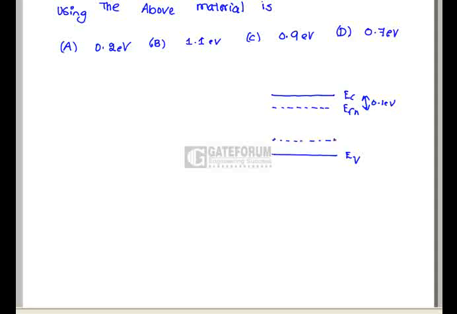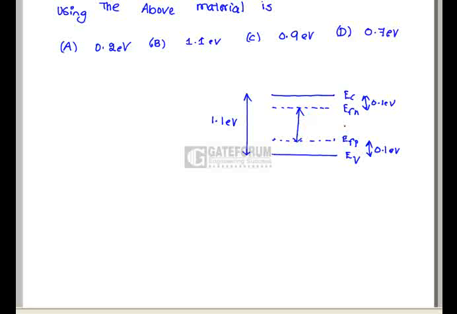Here this is EFP, which is the Fermi level in p-type material, which is 0.1 electron volts above the valence band. We know the difference between the conduction band and the valence band is the energy band gap, which is 1.1 electron volt in silicon.